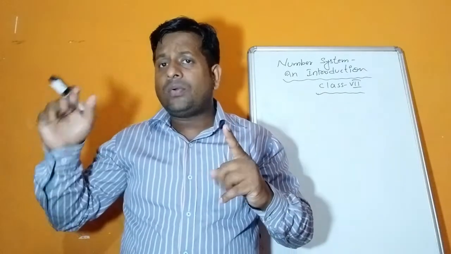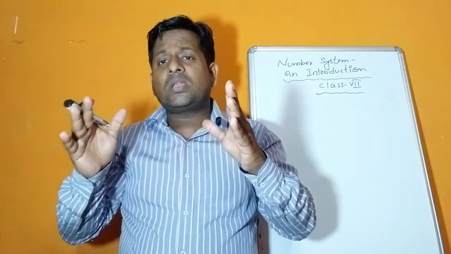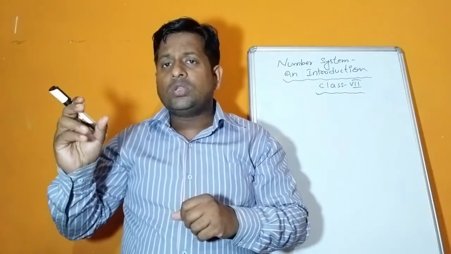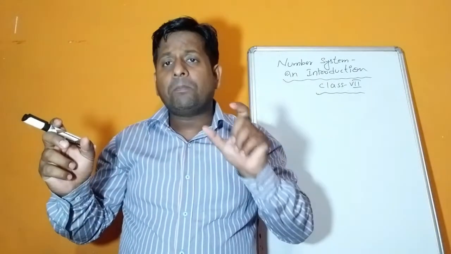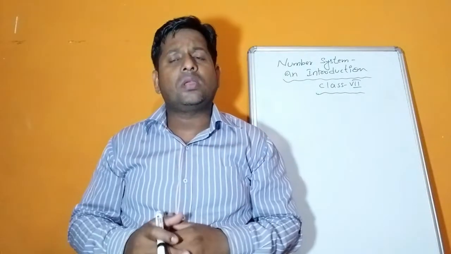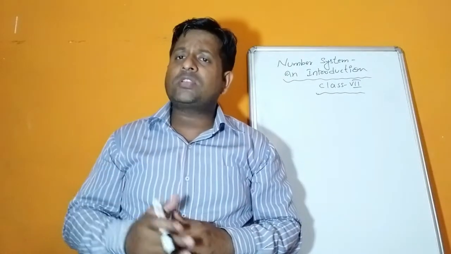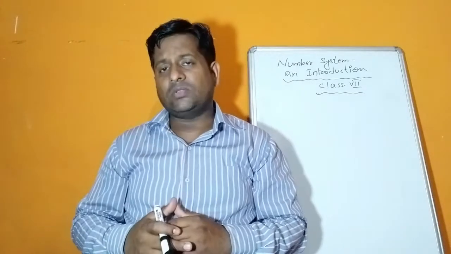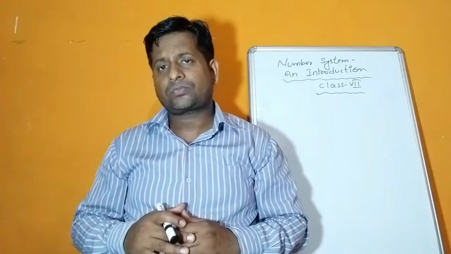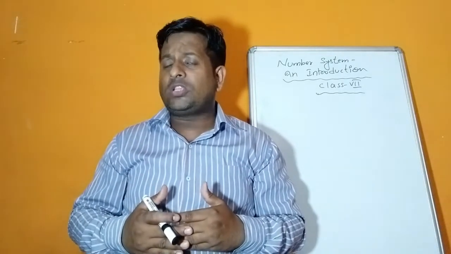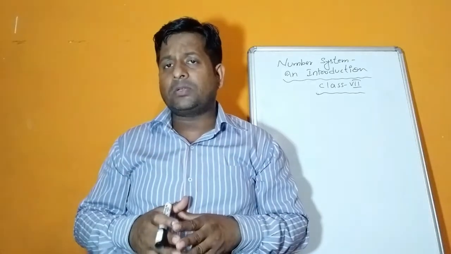And when we switch off, it stops responding to us, to humans. That is 0. So 1 and 0, the binary bits, are understandable by each and every machine in this world. Computer is also a machine, so a computer also understands binary language, binary numbers.